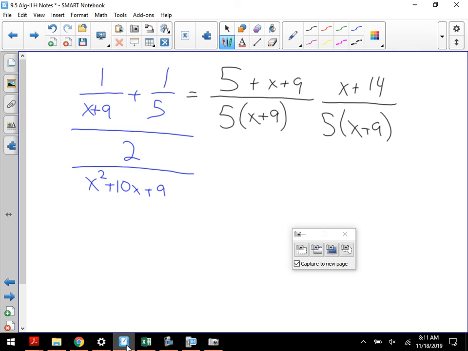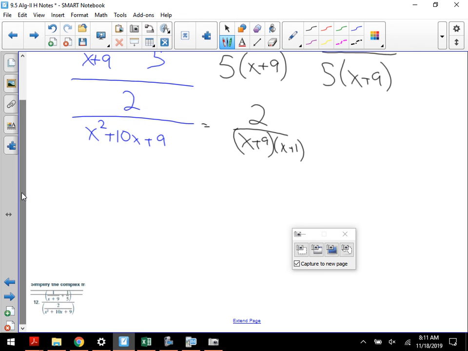Factoring x squared plus 10x plus 9 is pretty easy. Plus 9 plus 1. So now I just have to say it and flip. So is it x plus 14?